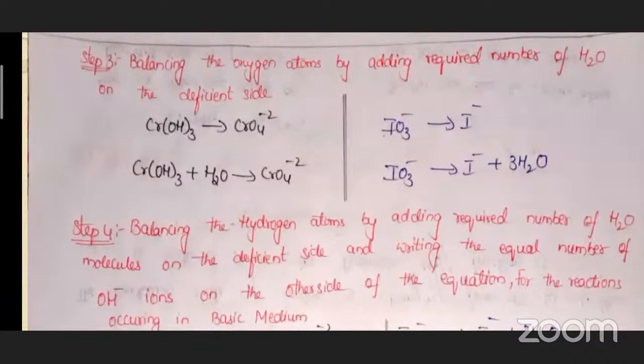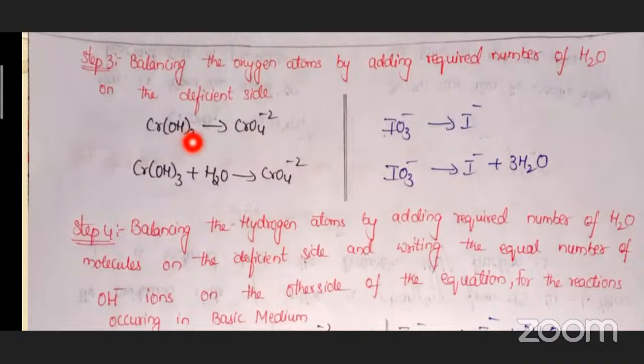Next step. The third step is balancing by adding the required number of water molecules on the deficient side. Now we have to balance the oxygen. On the reactant side, how many are there? 3 oxygens, in Cr(OH)3. That means this 3 is for oxygen as well as for hydrogen. Now we are balancing only oxygen. On the reactant side we have 3 oxygens, and on the product side we have 4 oxygens.